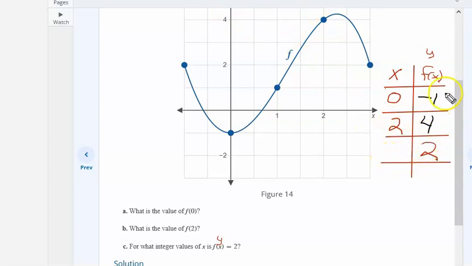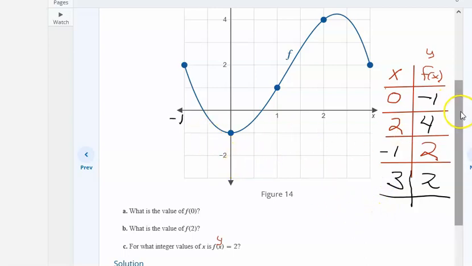And if y is 2, right here, actually we have two values. We have, again, this is going to be a negative 1 here. And we have another value. If y is 2, it's going to be a 3. And there are the answers.